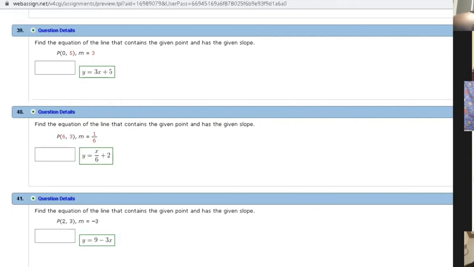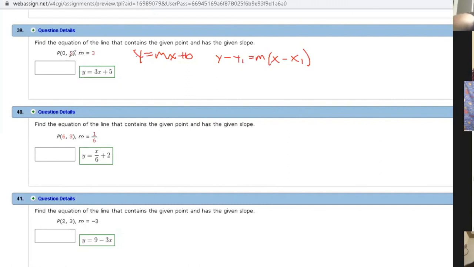So let's look at one of those. As you know, we have the y equals mx plus b, and then we have the point slope formula, which is y minus y1 equals m times x minus x1, right? So if we look at number 39, the point that we have, which is 0, 5, because we have that 0 where the x will be, that means that this is a y-intercept.